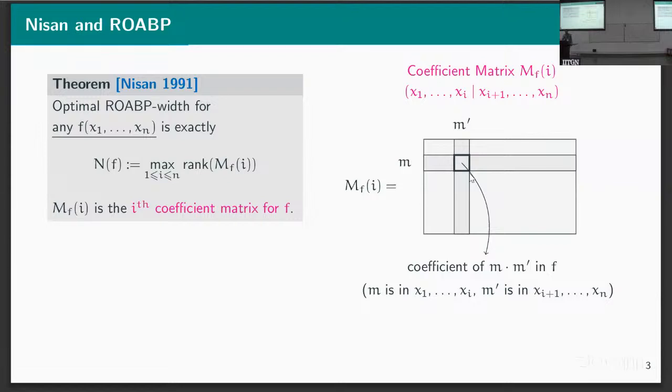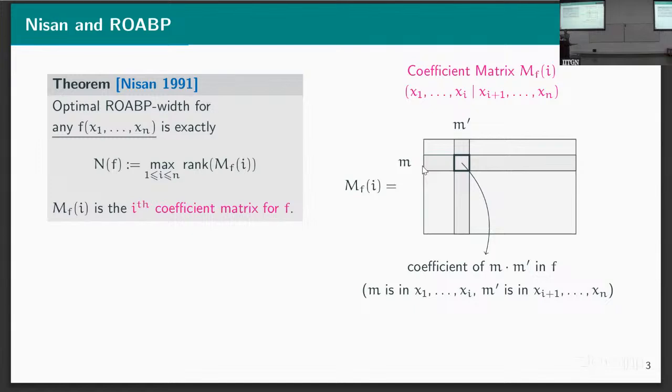The entry where the 1 through i monomial is m and the i plus 1 through n monomial is m prime is the coefficient of the product of those two monomials in your polynomial. So this is how the coefficient matrix is defined.